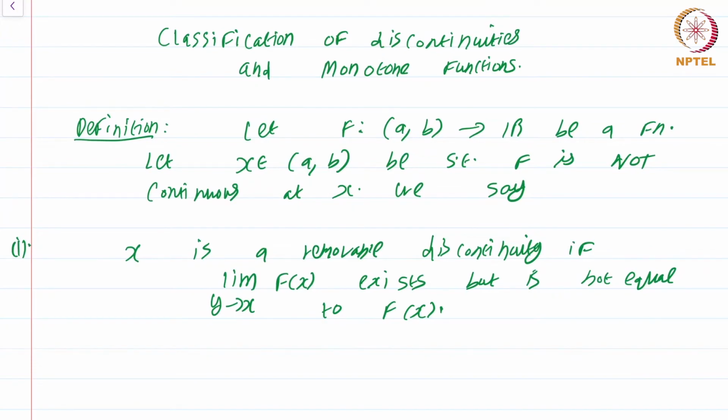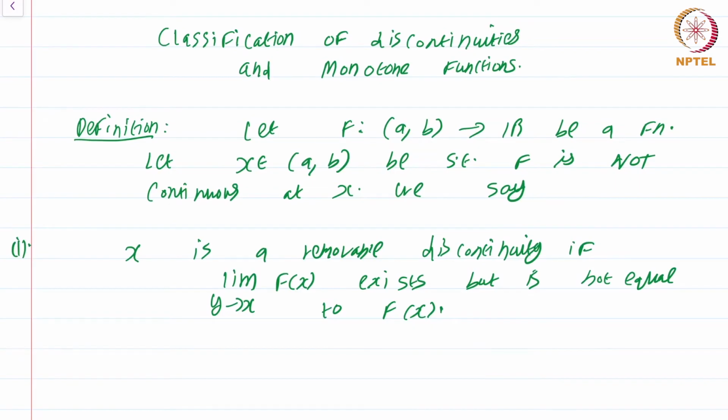to f(x). Why is this called a removable discontinuity? Well, it's obvious why. If we redefine f(x) to be this limit value, the limit as y going to x of f(y), then obviously you end up with a continuous function.